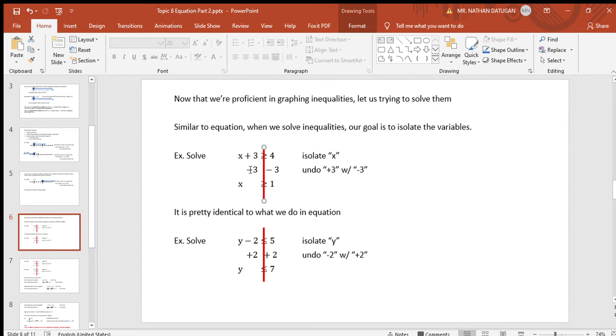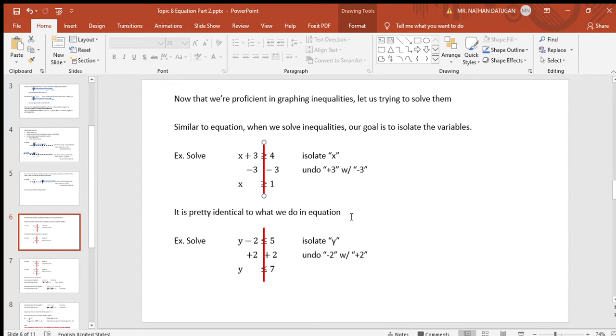Now we're going to subtract 3 on both sides. x plus 3 minus 3, you're going to be left with x, and the sign doesn't change. It's still going to be greater than or equal to. And then 4 minus 3 is 1. So x is greater than or equal to 1.